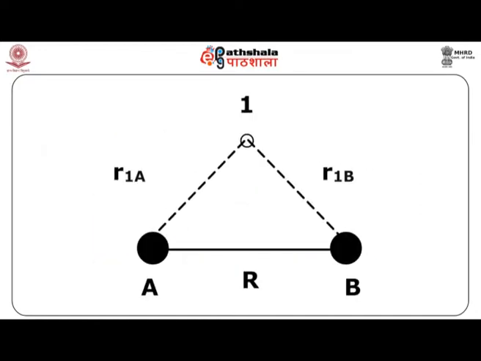Here you should notice that capital R is the distance between the two hydrogen atoms, and one hydrogen nucleus is labeled as A and the other is labeled as B, and then r_1A is the distance of the electron, called 1, from the nucleus A, and r_1B is the distance of this electron from the nucleus B.